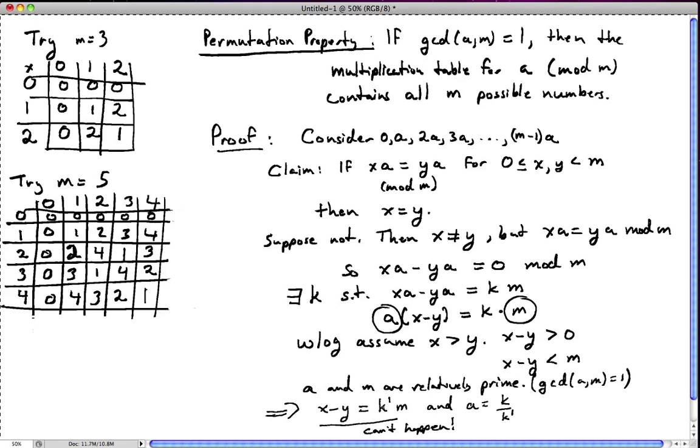Because X minus Y can't equal K prime times M for any K prime that's an integer, we've got a contradiction. This contradiction says that X can't be equal to something other than Y, which means that the claim is correct.